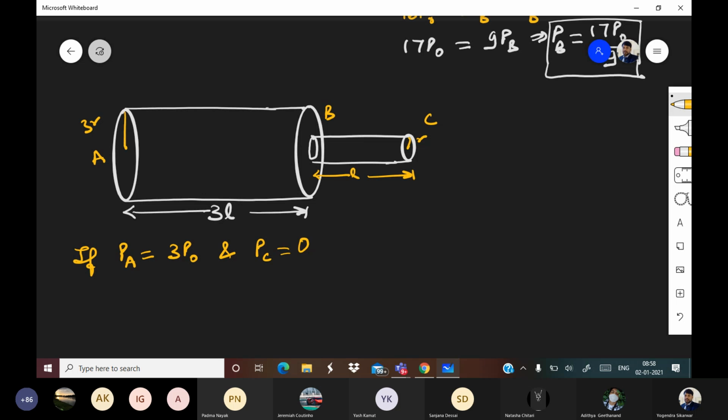This time I am considering PC as 0. Find pressure at point B.